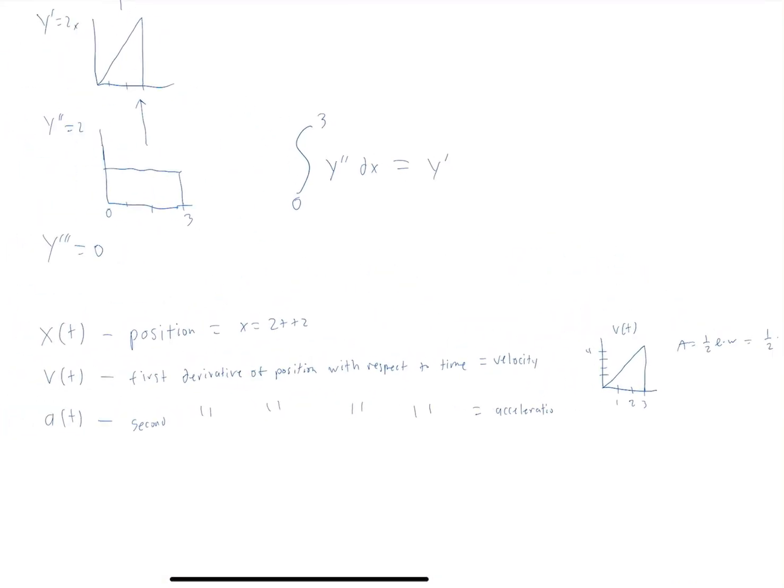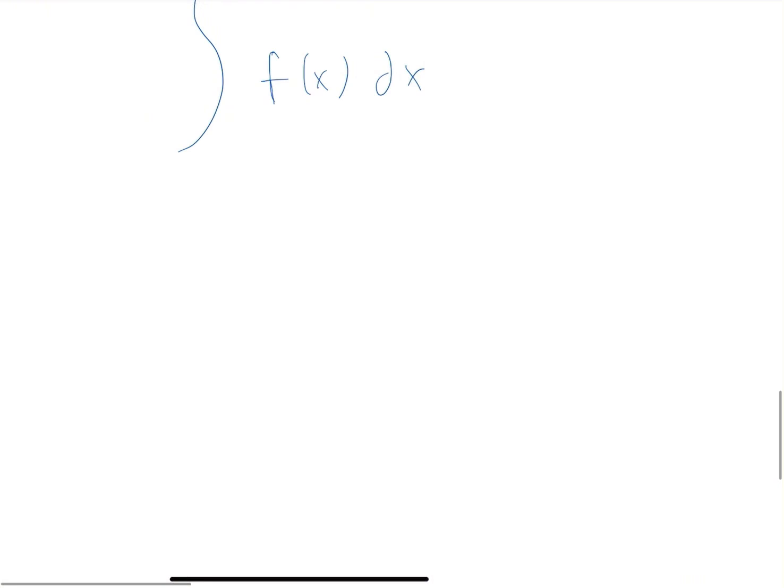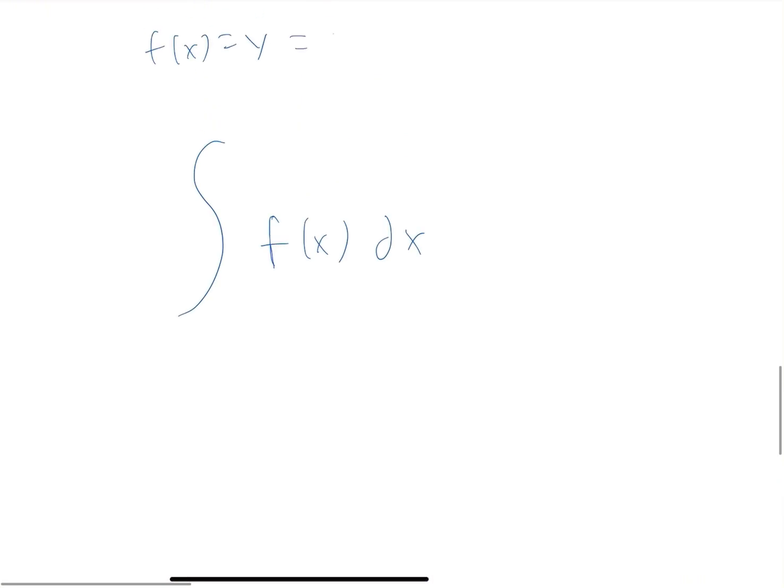But let's actually understand how to calculate an integral. Like I said, our integral is this big old sign. Say we have some function of x, and again, f of x is equal to y in this case, with respect to x. That is the basic way of writing an integral. So say f of x is equal to 3x plus 2.